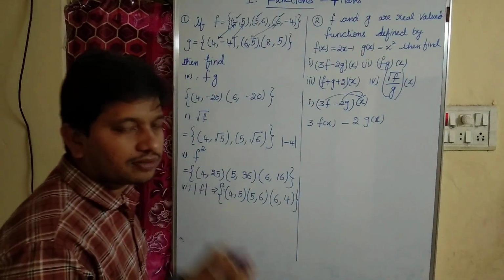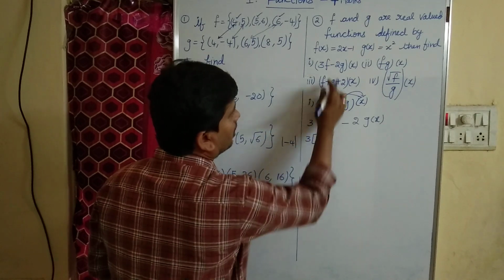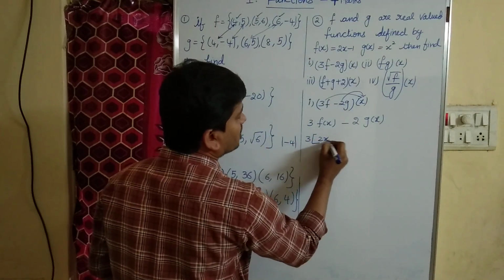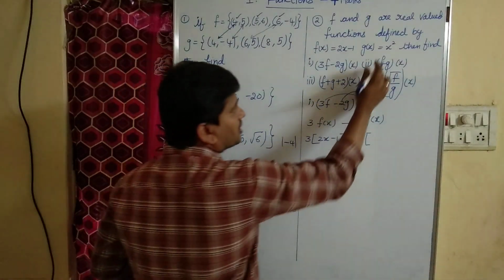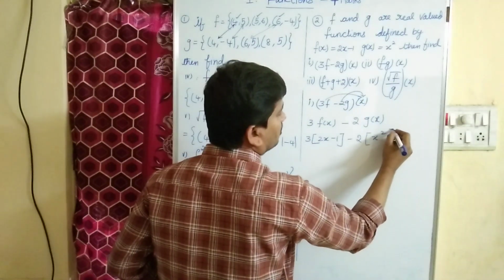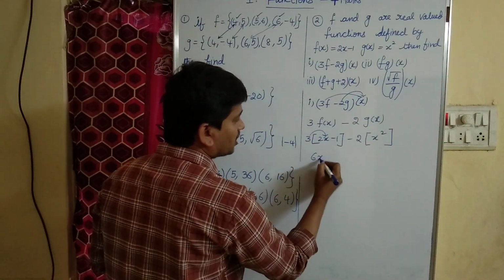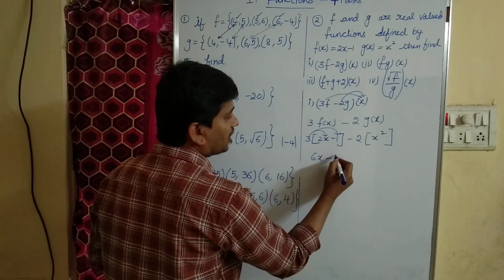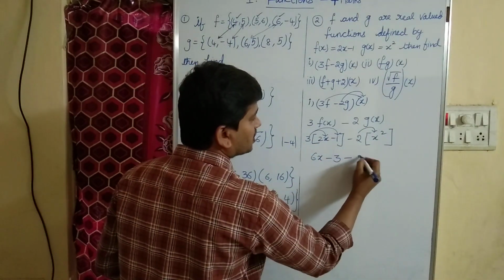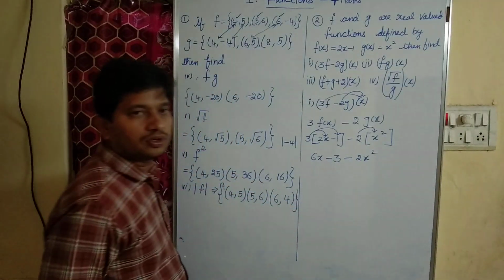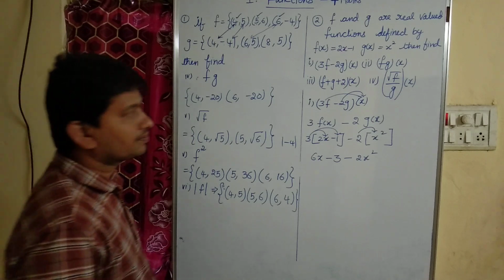So 3 into, what is f of x? As given, f of x value is 2x minus 1, minus 2 into, as given, g of x value x square. So 3 into 2x is 6x, minus 3 into 1, 3, minus 2 into x square, 2x square. So the answer is 6x minus 3 minus 2x square.